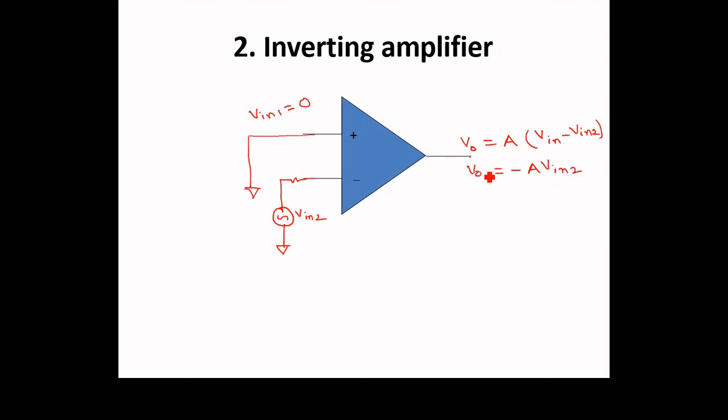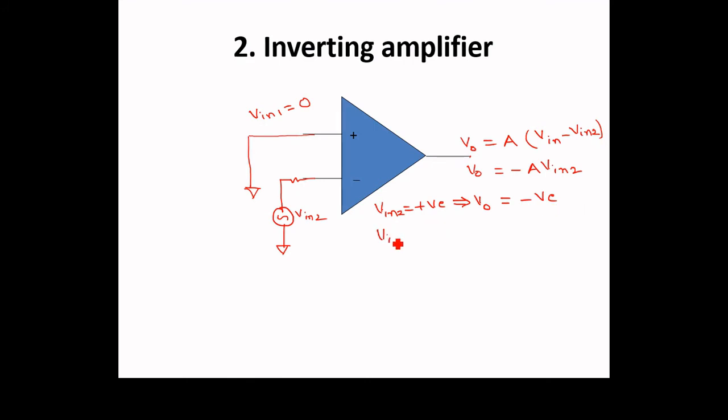Now why is it called inverting amplifier? For example, if we are applying some positive voltage at V in, what is happening to V out? V out is simply negative voltage. We are applying positive voltage and the output is simply negative voltage.